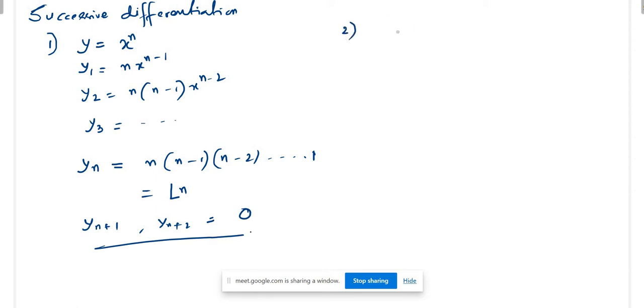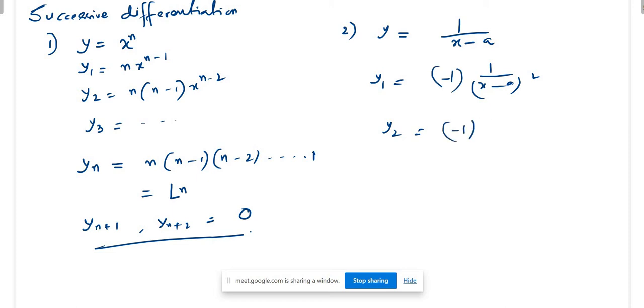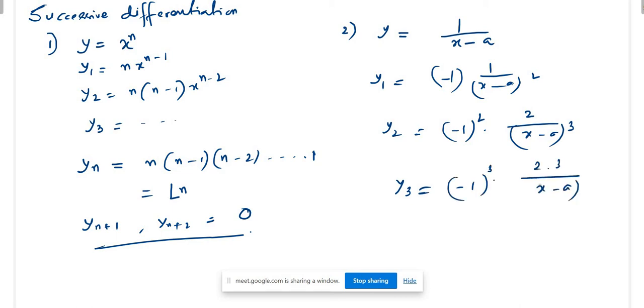Suppose the function looks like y equal to 1 by x minus a. So y1 will be minus 1 by x minus a whole square. y2 will be minus 1 times, actually it is minus 1 square into 2 by x minus a whole cube. y3 will be, when you complete y3, the picture will be clear that it is actually 2 into 3 divided by x minus a whole to the power 4.